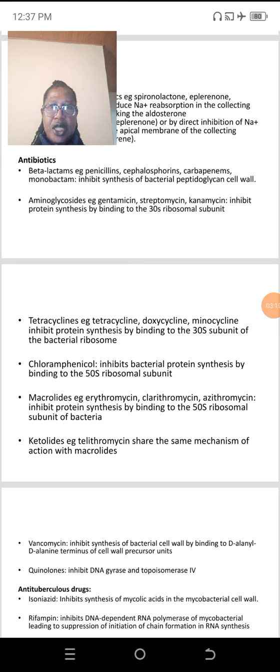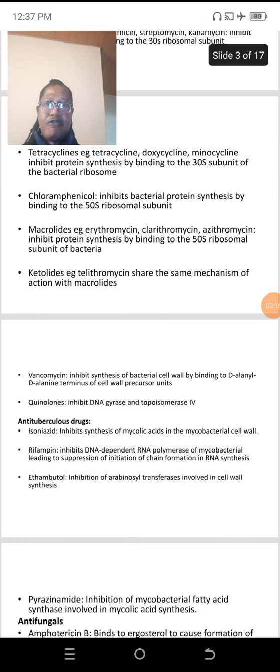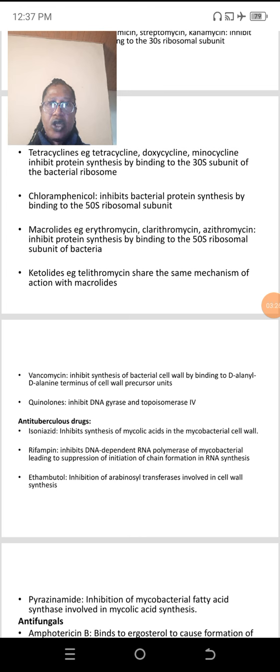Ketolides, e.g., telithromycin, share the same mechanism of action with macrolides. Then for vancomycin, vancomycin inhibits synthesis of bacterial cell wall by binding to the D-alanine terminus of cell wall precursor units. Quinolones, on the other hand, inhibit the enzymes DNA gyrase and topoisomerase 4.